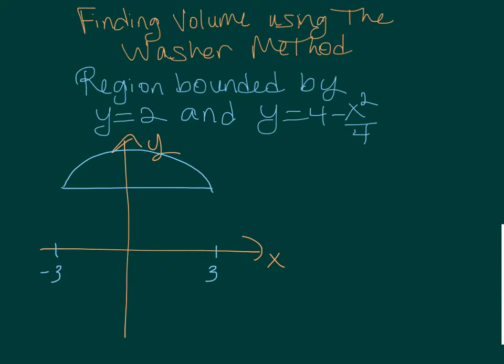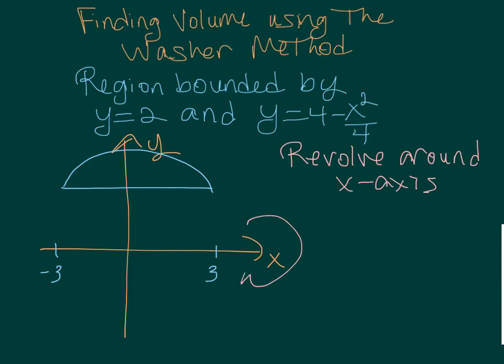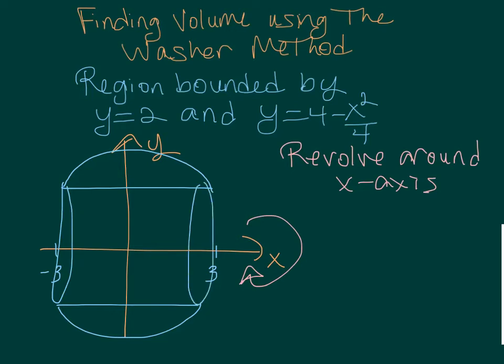And we're going to revolve this region around the x-axis. And notice that when we revolve this around the x-axis, it's a little bit different than the previous problem we did with the disk method, because when we bring this region around the x-axis, there's a big hole in the middle.